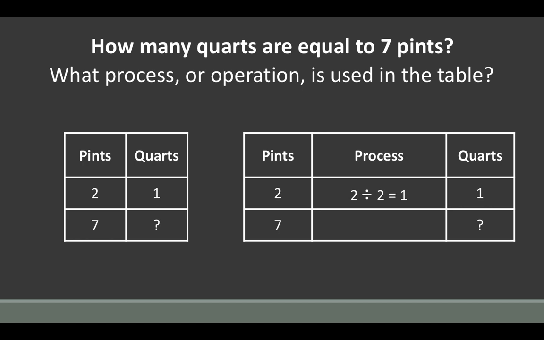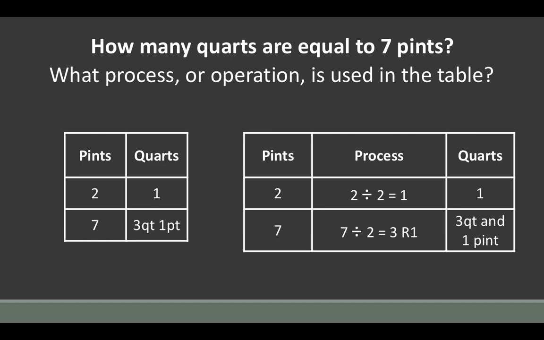So 2 divided by 2 equals 1. And then 7 divided by 2 is 3, remainder 1, which in this case we have 3 whole quarts and 1 pint left over.